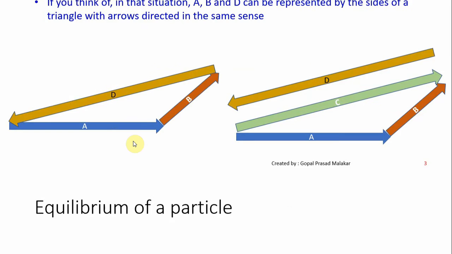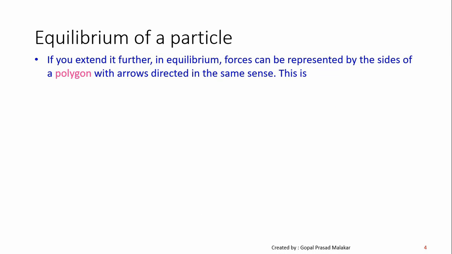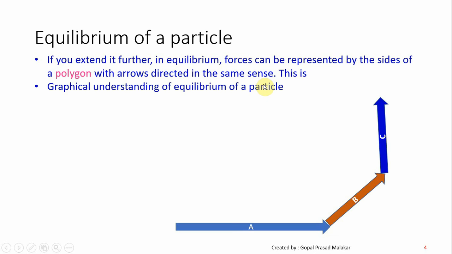If you extend it further, you can say that equilibrium of forces can be represented by sides of a polygon where arrows are directed in the same sense. This is the graphical understanding of equilibrium of a particle.